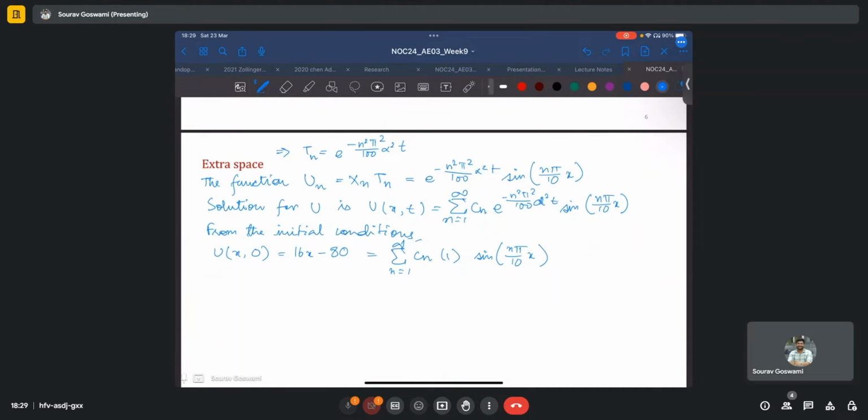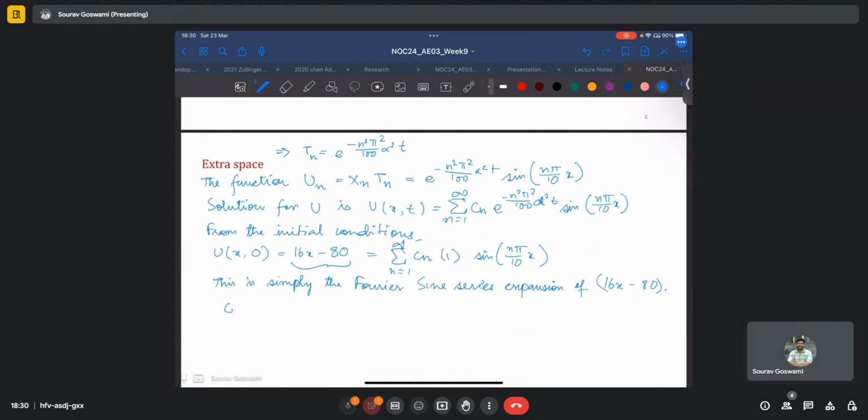But this is simply the Fourier sine series expansion of this 16x minus 80. And the formula for the coefficient in this case is already available with us.